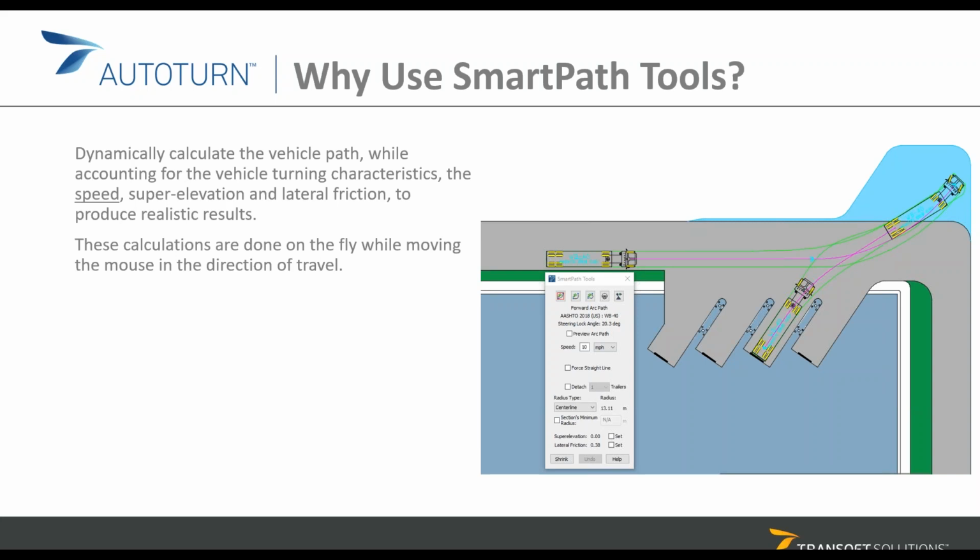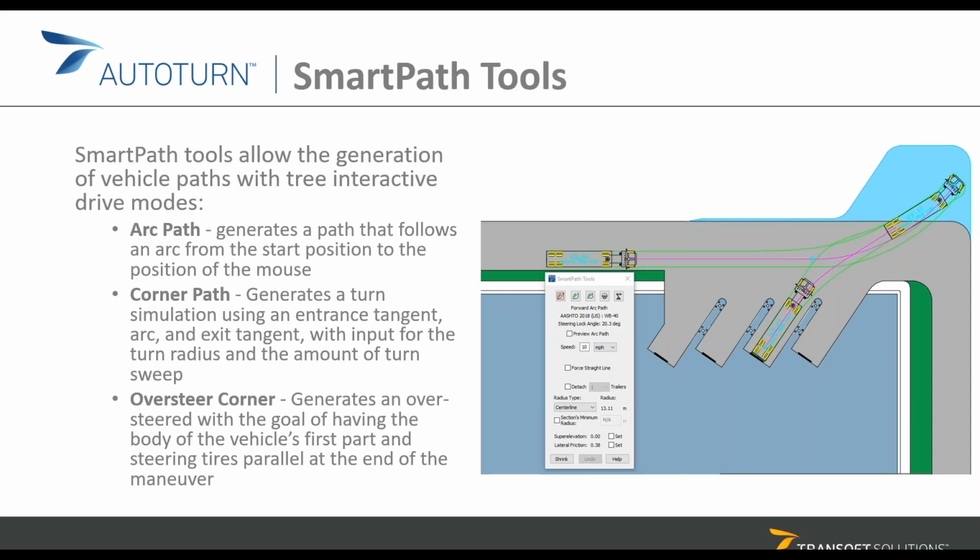Okay, so as I mentioned before, the SmartPath Tools have different modes, and each mode is intended to help you generate different types of maneuvers for different types of vehicles. ArcPath mode is the simplest of all. It essentially generates a simulation or a path that comprises two elements. One is the transition portion, which we'll see in a minute, and the other one is the circular portion of the path.